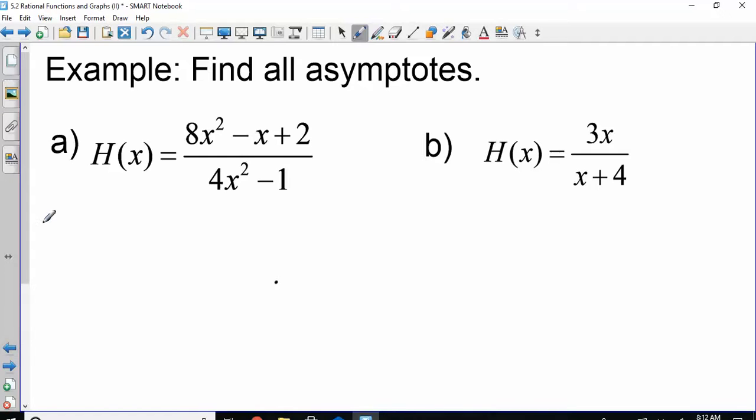To find a vertical asymptote, what do I need to look at? The denominator. It's what makes the denominator 0.